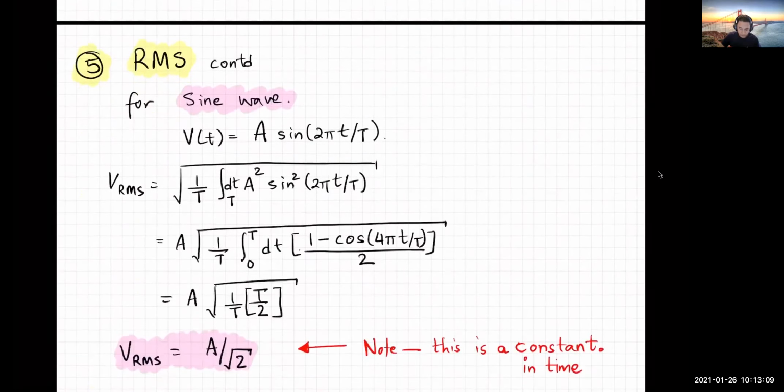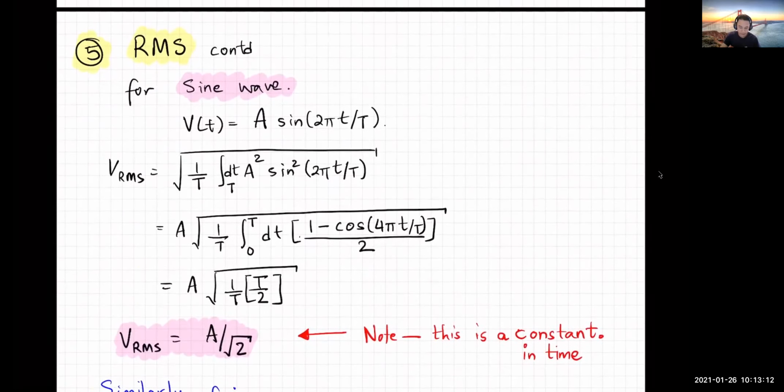All right, so quickly doing an example for a sine wave, let's say we start with this expression. It is a pure sine wave with an amplitude of A. If you put it into this expression, what you get is the RMS voltage is A over square root of 2. Just make a note that this is a constant in time. And this result you can use whenever you want, so you don't have to go through this integral again.